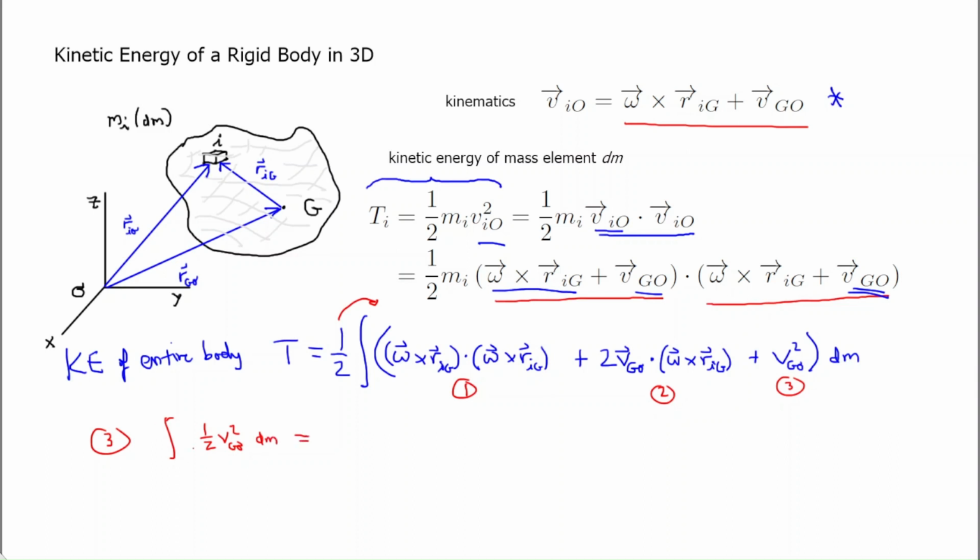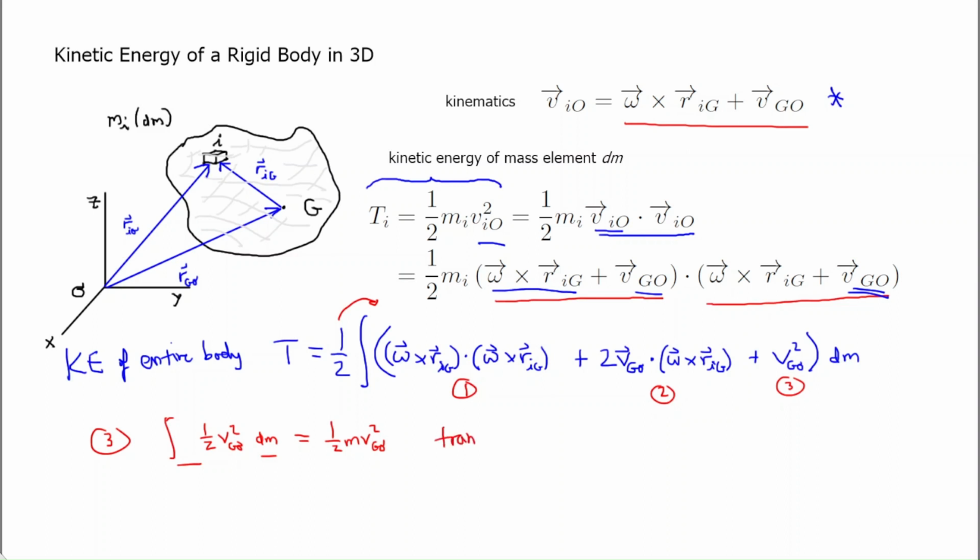I brought the 1/2 inside the integral, though I didn't need to. The v sub go squared is a constant, and what we're left with is basically the integration of dm, which is m. So we get 1/2 m v sub go squared.